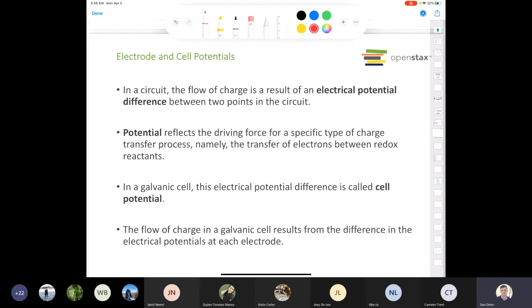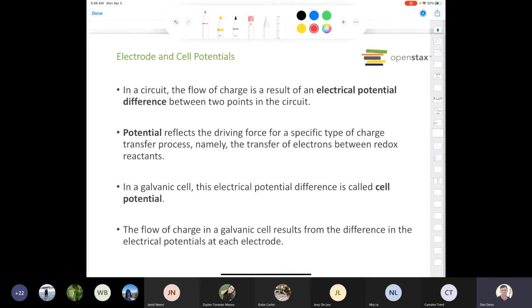The big question: why does this occur? It's because there's a difference in the electrical potential between the two points in the circuit. Put another way, you could say the two metals, the zinc and the copper, or the two ions, the zinc 2+ ion and the copper 2+ ion, have different affinities for electrons.